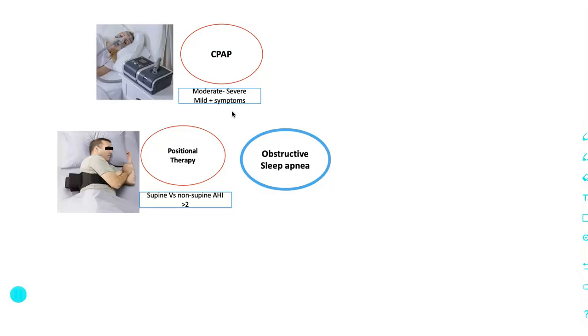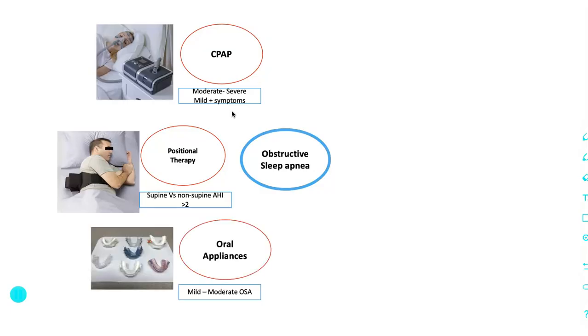These options can be tried, with special consideration that the patient doesn't have any orthopedic limitations like shoulder pain or knee or hip joint pain, where the patient is required to sleep on their back. Other than that, this is a good option for positional sleep apnea patients.